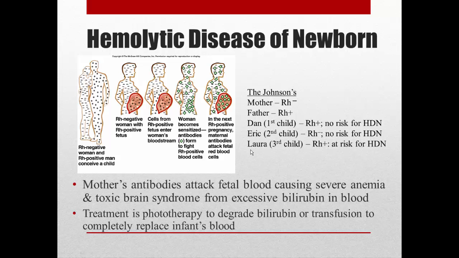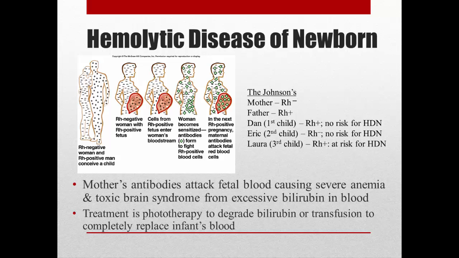So let's walk through what happened, or could have happened, in my family. So here's my mom pregnant with Dan, the oldest kid, her first child. So mom's negative, Dan's positive. Now, when the baby's born and the placenta pulls away from the wall of the uterus, often you get some blood mixing between the mother and the baby.